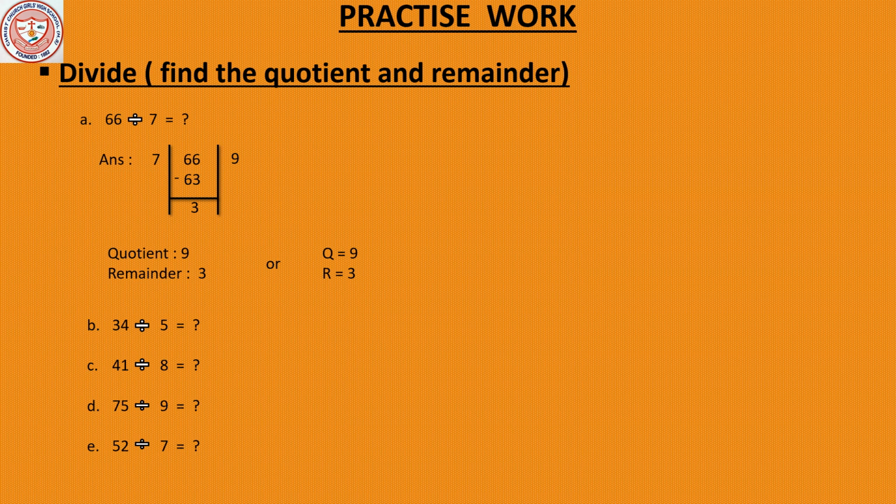So, write 9 beside the dividend and write number 63 below number 66 and subtract them. We got number 3 as remainder, because number 3 cannot be further divided by number 7. So, number 3 is left over. It means the quotient is 9 and the remainder is number 3. Now, you have to do the remaining exercise on your own.